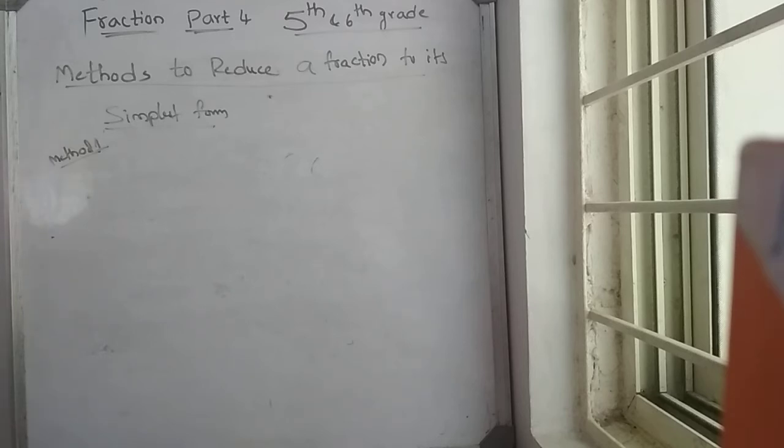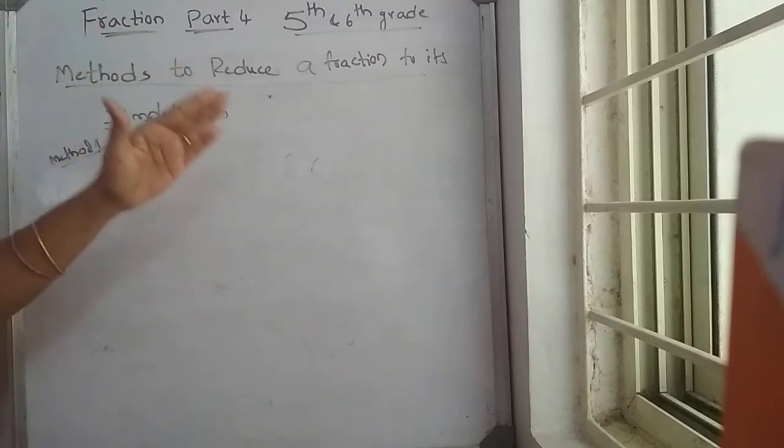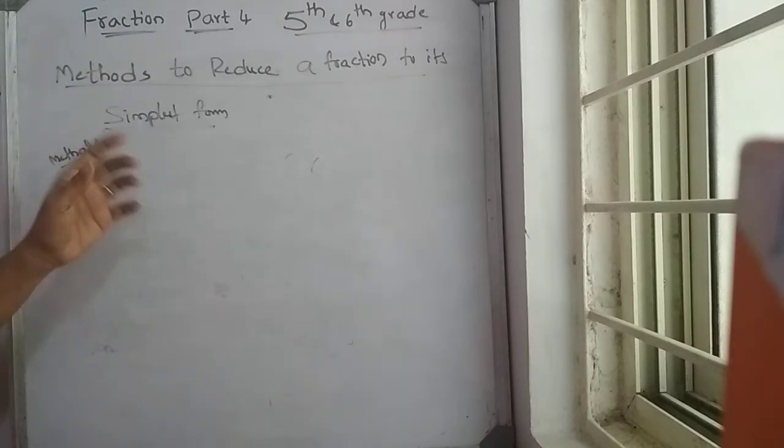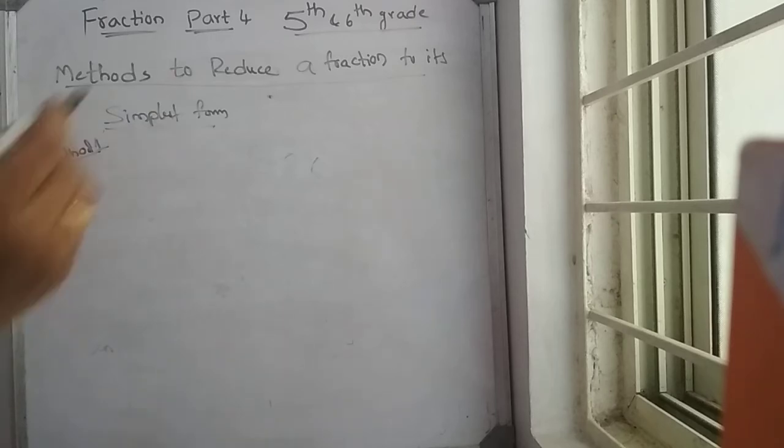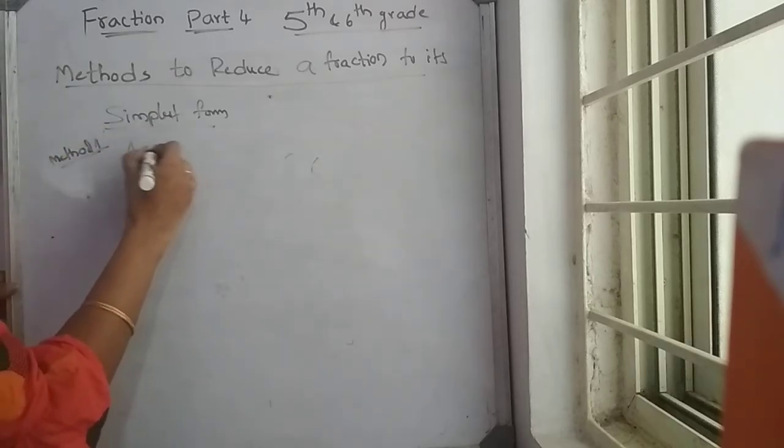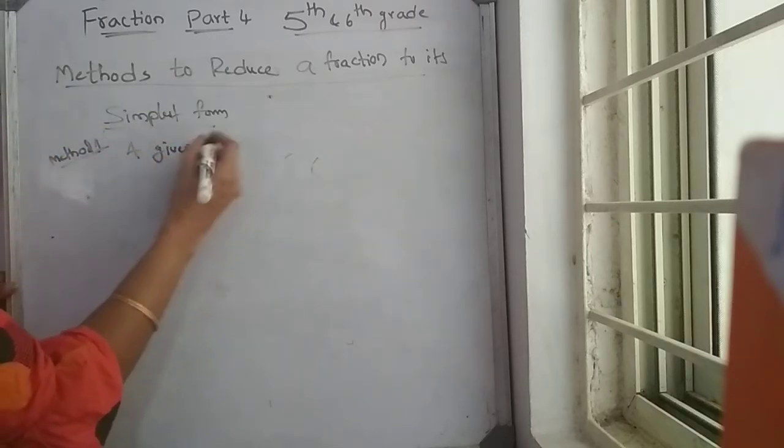A given fraction is expressed in lowest terms, or simplest form, by dividing the numerator and denominator by their HCF.